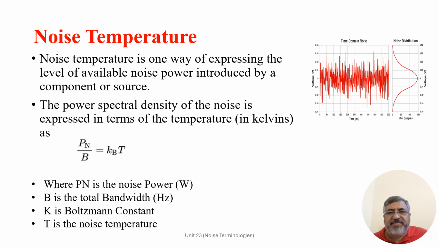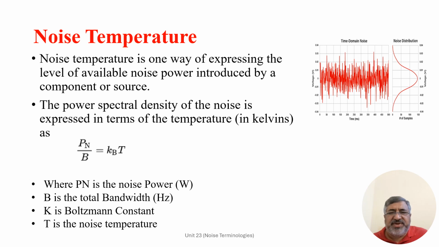The concept of noise factor or noise figure is not always the most convenient way of measuring noise. Another way to represent the noise is by means of equivalent noise temperature. The equivalent noise temperature, or simply noise temperature, is used when dealing with ultra high frequency and microwave low noise antennas, receivers, and devices.